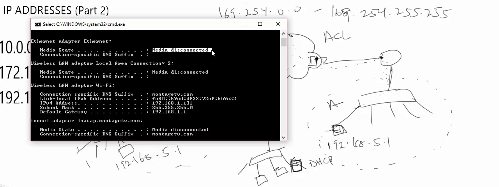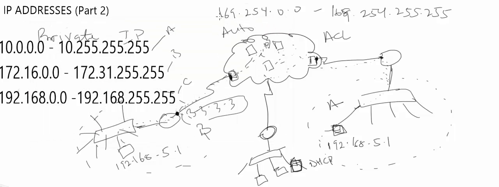If I connect the cable and plug it into the network, it's going to try to find a DHCP server, because I told it to obtain an IP address from a DHCP server. If it can't find one, it's going to auto configure itself in this range.